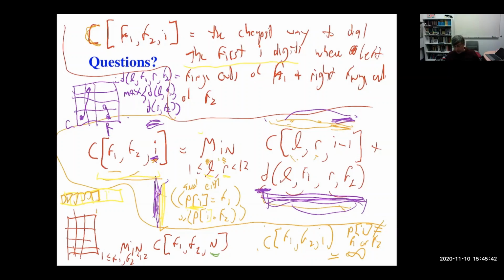Can I explain this thing again? My goal here is that I want to dial a phone number. My phone number is given in an array P. I'll give you my office number.